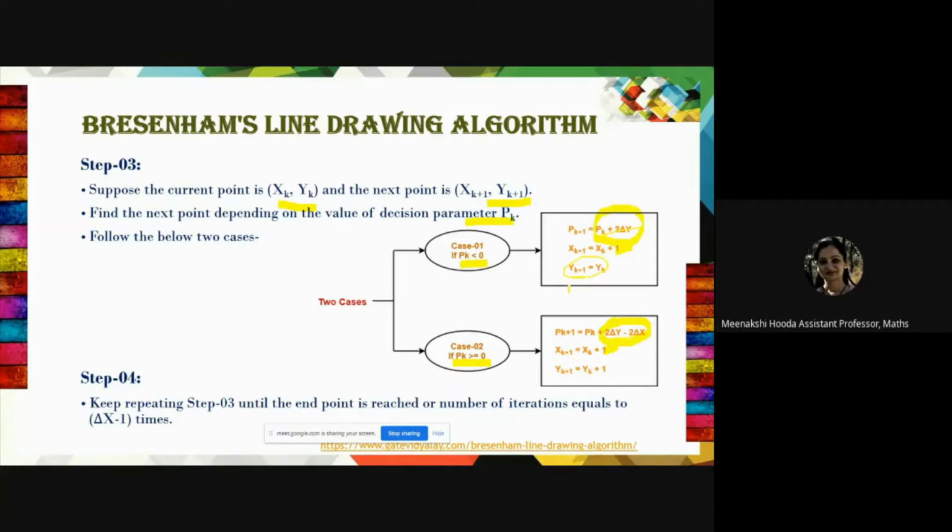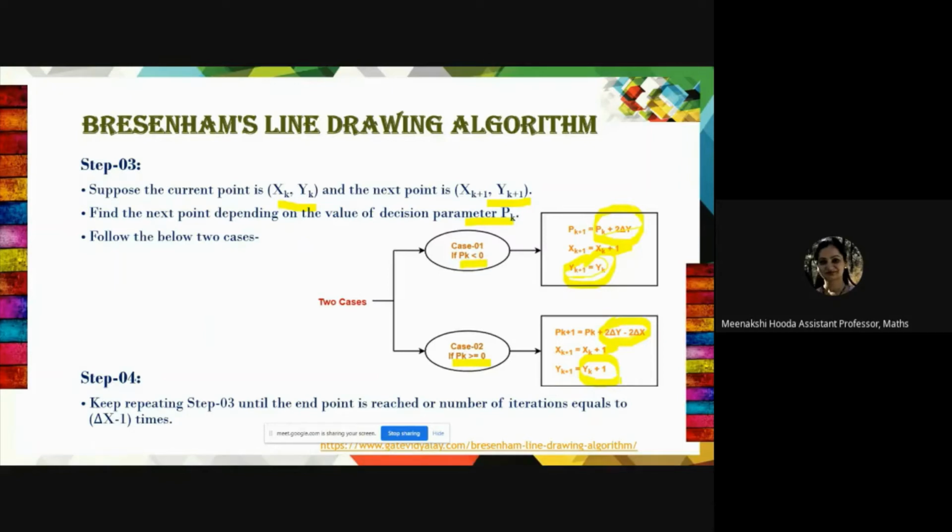In the other case, if pk is greater than or equal to 0, then we will increment the value of y, and here we are choosing the upper pixel, which will be nearer to the true line in this particular case. Here the lower pixel is nearer, so we will not increase the value of y. Here the upper pixel is nearer to the true line, that's why we will increase the value of y.